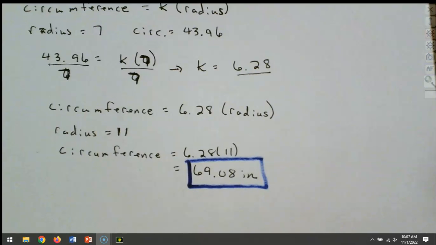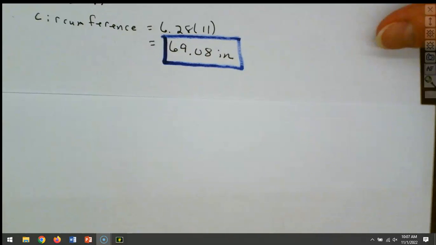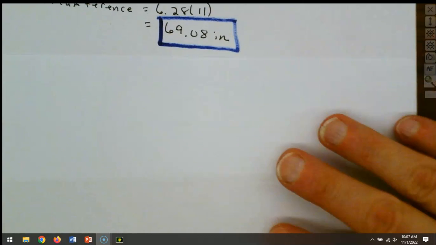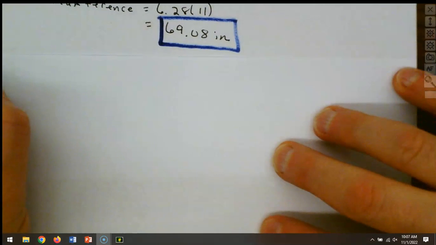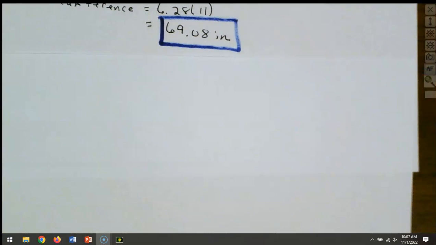Let's do another one. Question 30. And they're all pretty much the same. It's just making sure that we can set them up. So question 30, we're looking at the weight on the moon.